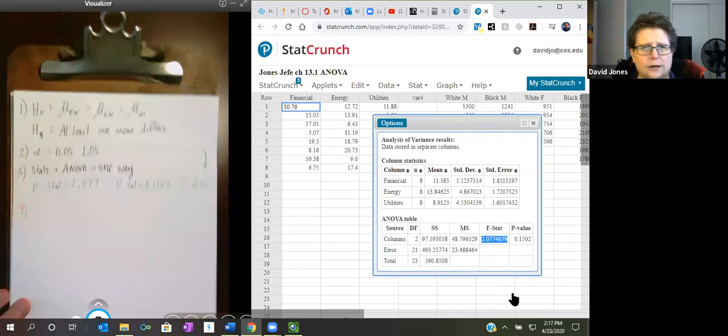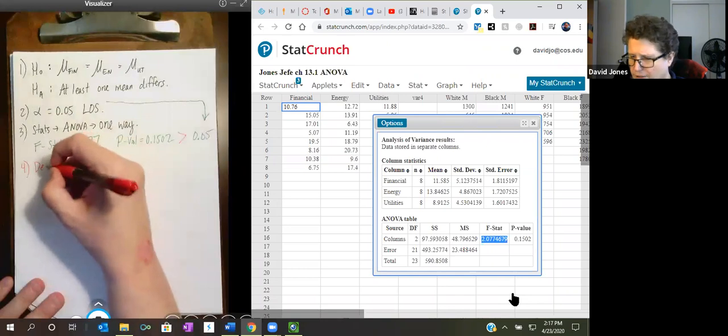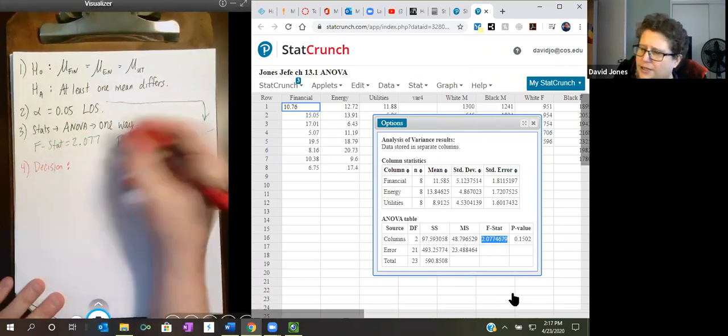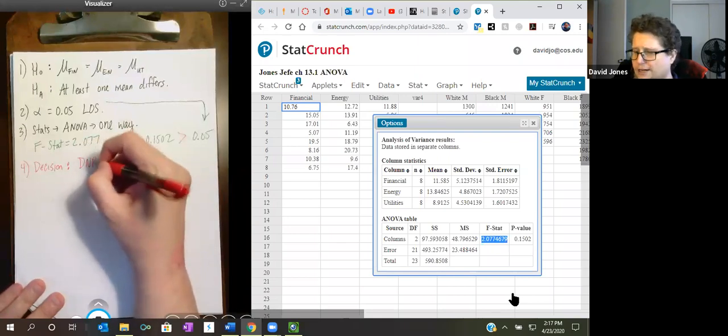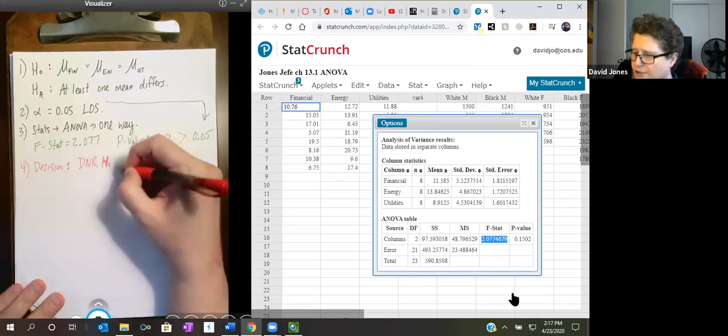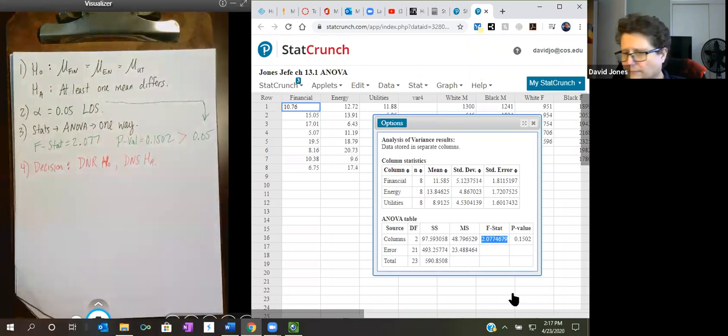So step 4 is make a decision. The p-value is too large, the null's in charge, which means the null isn't going anywhere. Do not reject H0. Do not support HA. HA was at least one of the means differs.